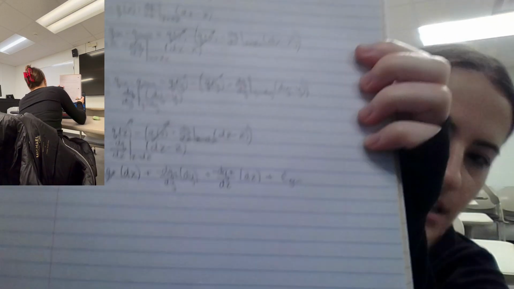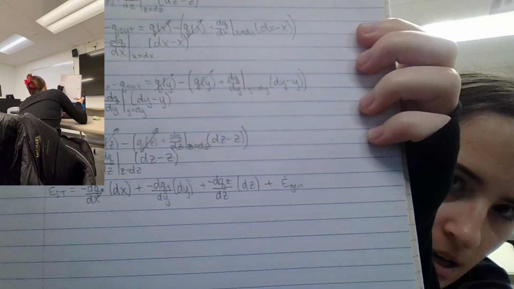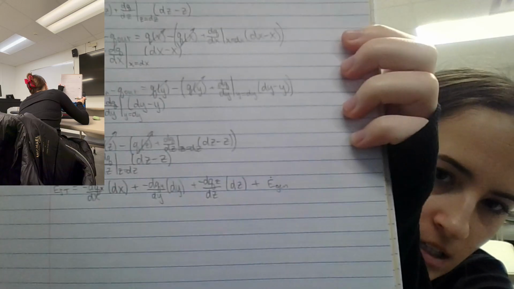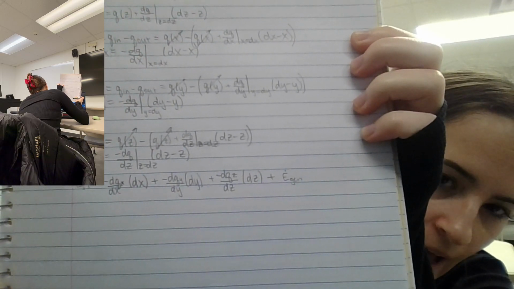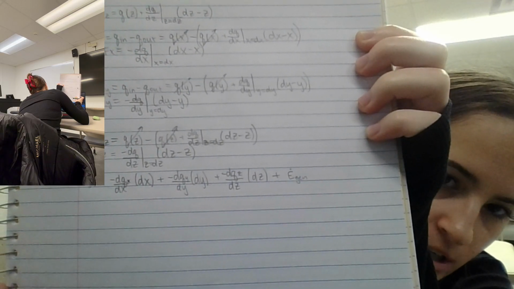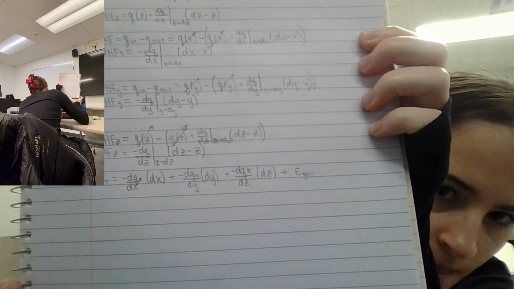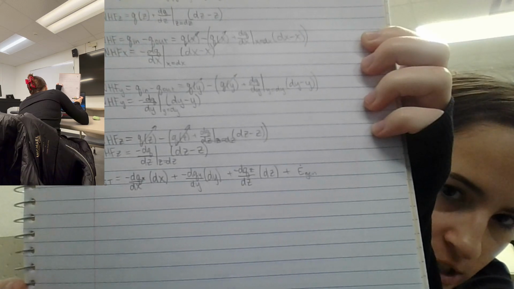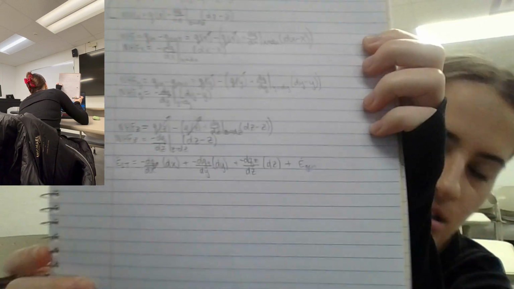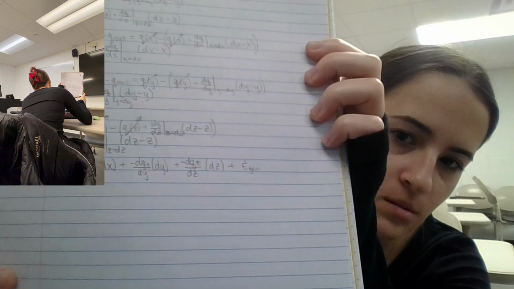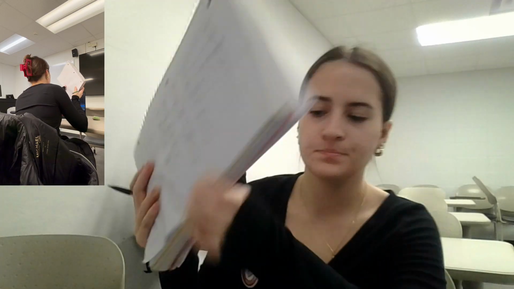So that's what we have here. We've simplified those net heat flows to just be negative d heat flow at x over the change in x times the change in x, where that dx is going to be a position along our x line. And then same thing for our y and z direction, plus the energy generation.